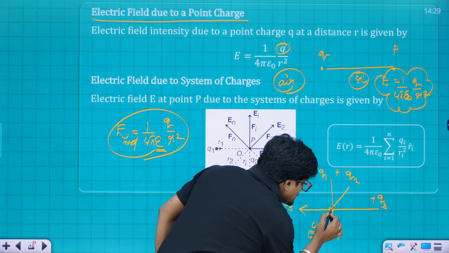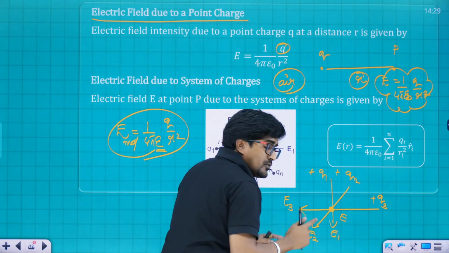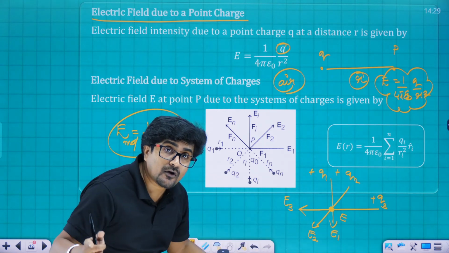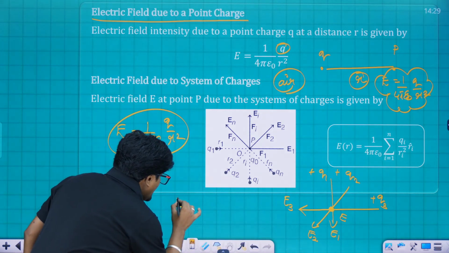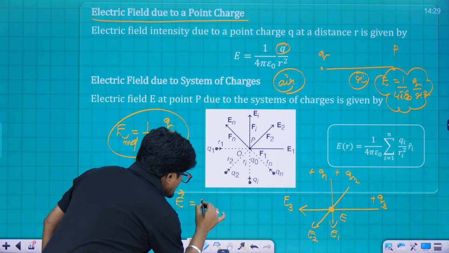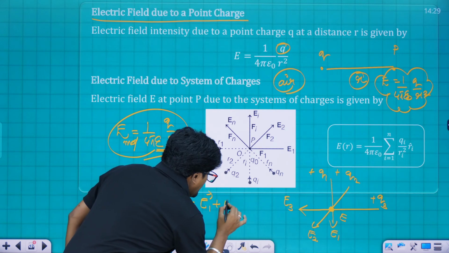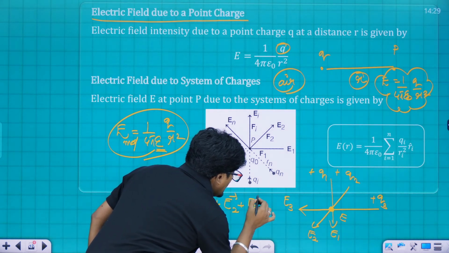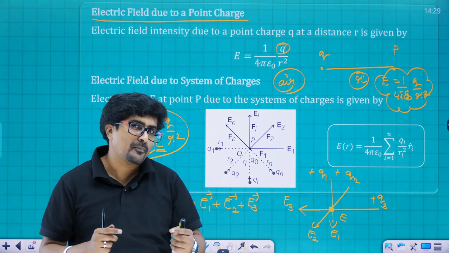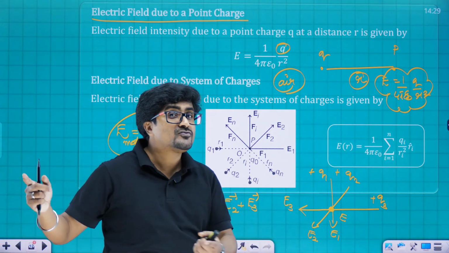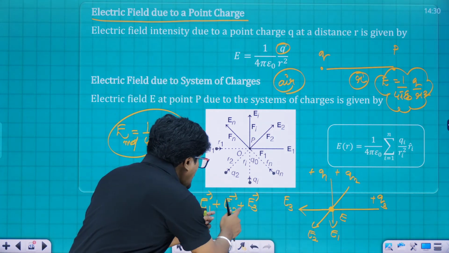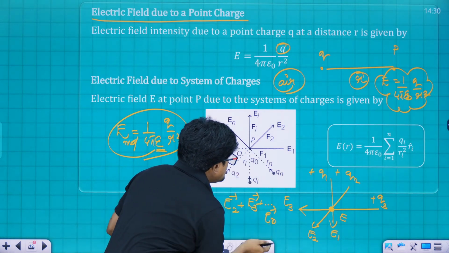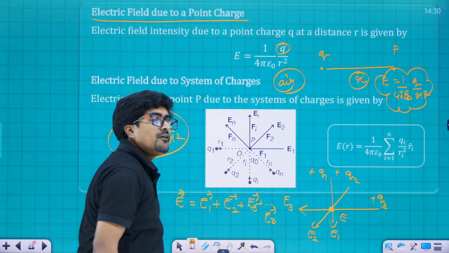So the net electric field at this point, the resultant electric field at the origin, is going to be capital E vector equals E1 vector plus E2 vector plus E3 vector. And if you have a provision where you are having n number of charges, the way I told you in the beginning, that will keep on extending up to En, and the same is represented here in another format.